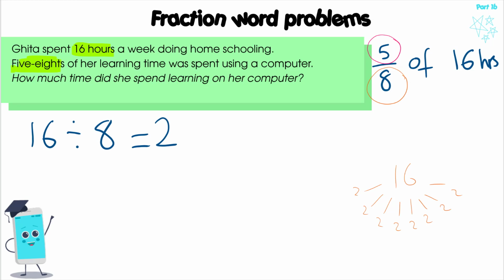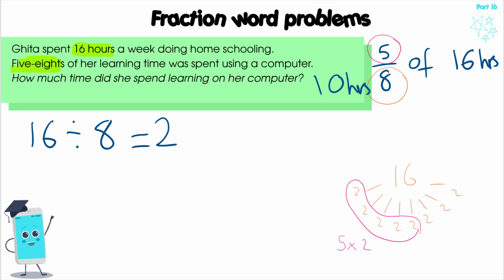That tells me how many groups I need. 1, 2, 3, 4, 5. So I need to do 5 times 2 to get my answer, which is 10. 5/8 of the 16 hours was 10. So Geeta spent 10 hours a week learning on her computer.